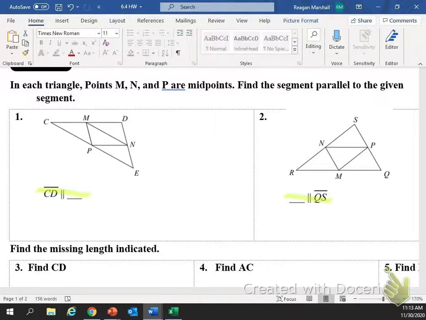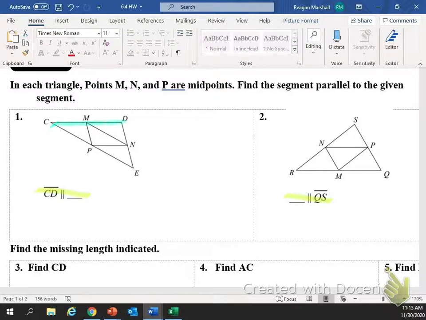All right, virtual, what's your answer? So not quite, Trey. Not quite, Anj. So parallel means they'll never intersect.